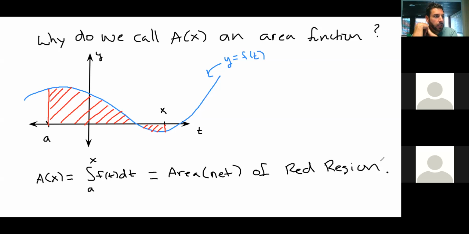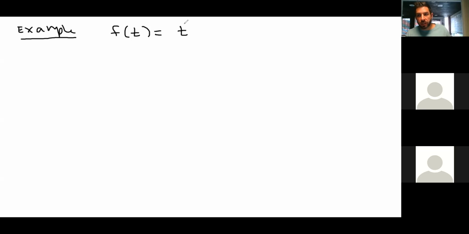All right, let's look at a very specific one. We'll start with the simplest cases, and let's think about what's happening. So here's what I want to do. I want to consider the following functions. Let's take f of t to equal a line. So let's just say f of t equals t.